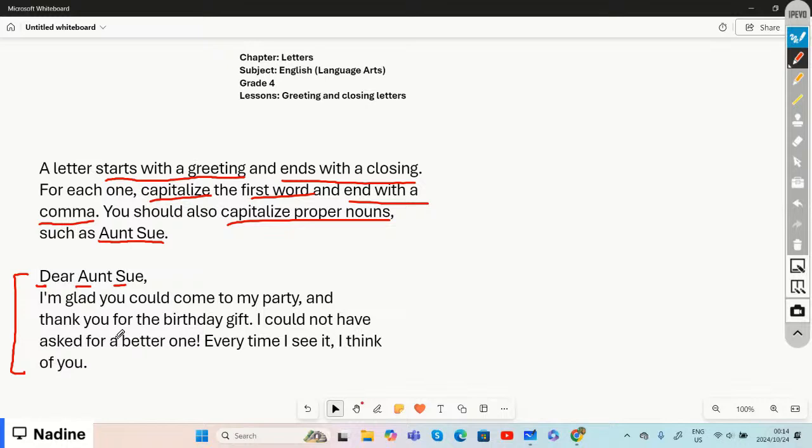If you are writing letters to family members, then the conversation becomes a bit more informal than having to write a letter to the principal, your teacher, the president, or for a job, for example.